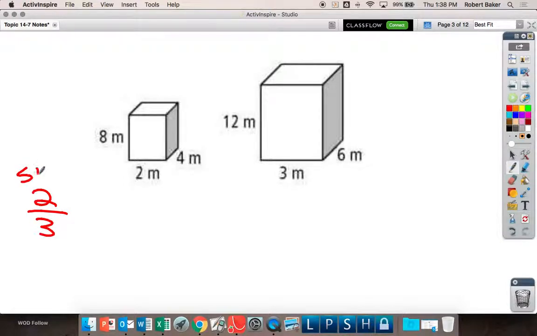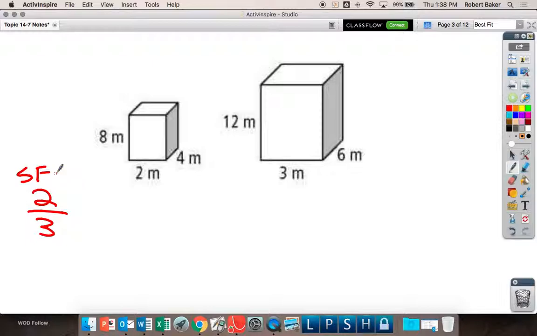So this is now known as our scale factor. If I do 2 and 3, that means they have a 2/3 relationship, because 8 over 12 simplifies down to 2/3, and 4 over 6 simplifies down to 2/3.